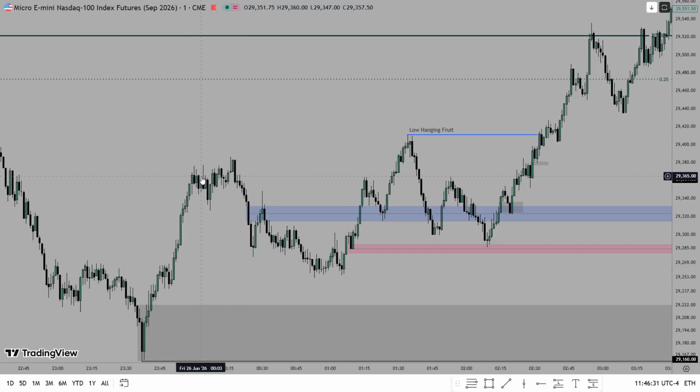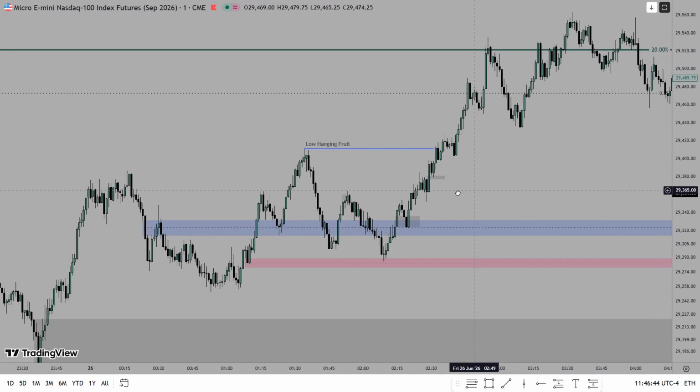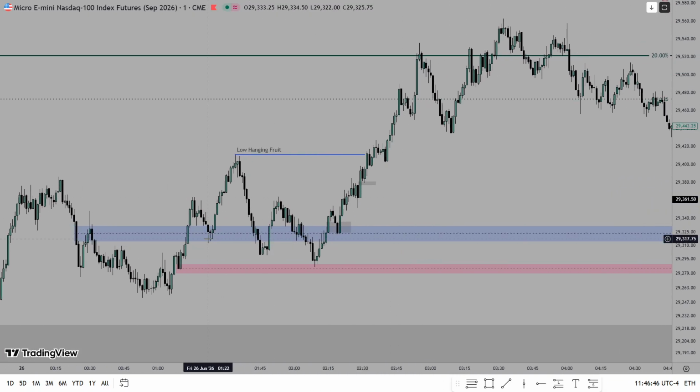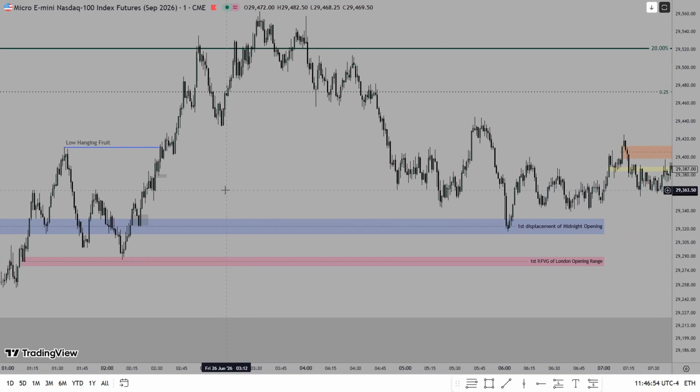This is the opening range, and inside the range, the first displacement is used in the London session. So I extended that, and you can see how price traded to it and worked algorithmically. You can see that here also.